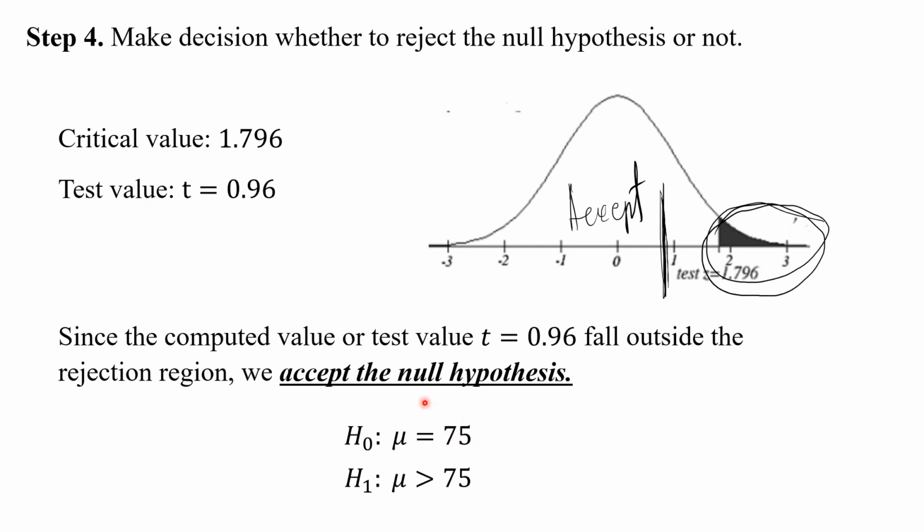Accept natin itong null hypothesis na mu is equal to 75. Ire-reject natin itong mu is greater than 75 words per minute. Ibig sabihin, hindi tama yung claim nung director na more than 75 words yung nagagawa ng mga graduates per minute.